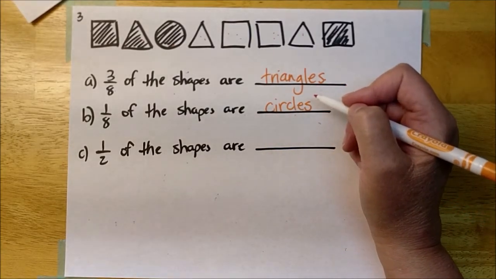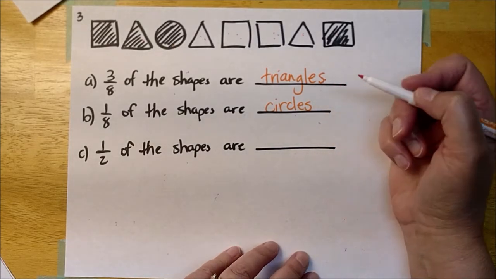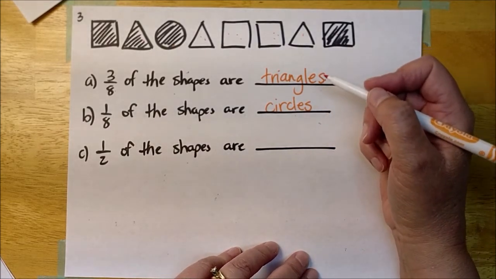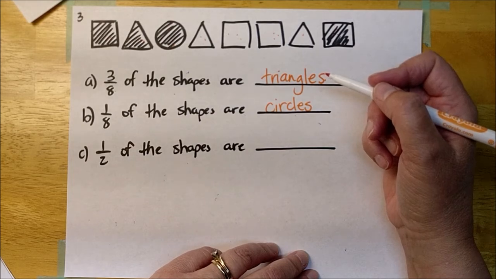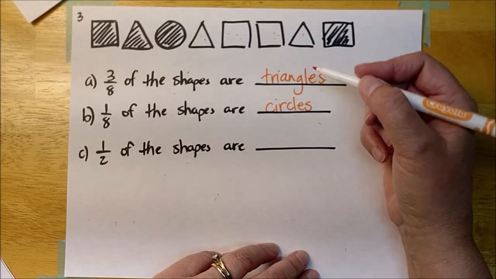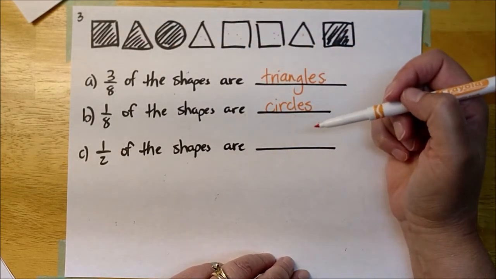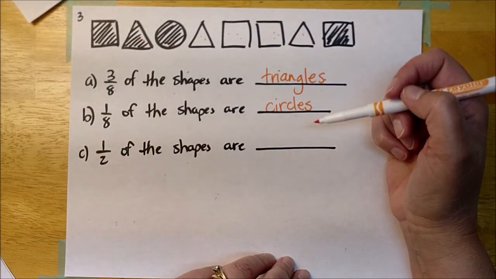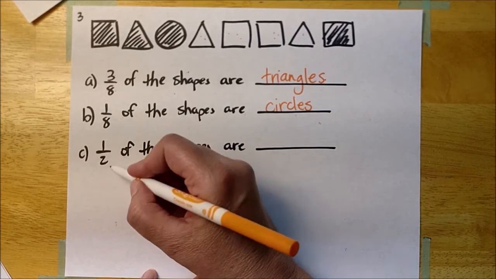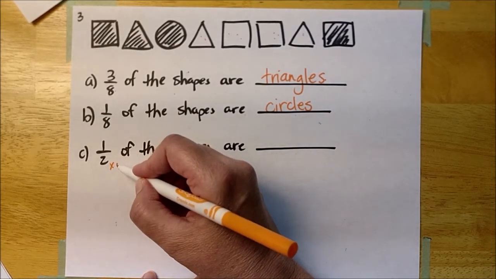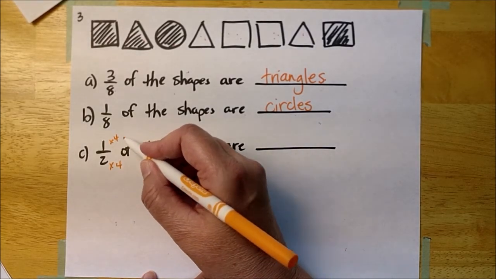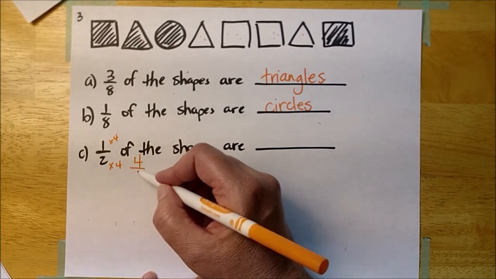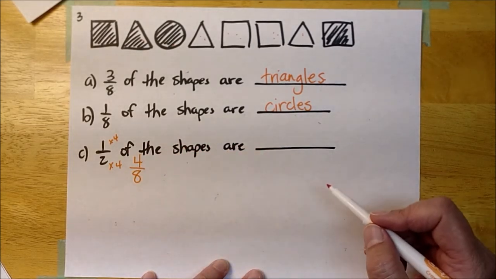And my last question, this is a bonus one, this one's tricky. Half of the shapes are what? So I have 8 shapes, but half of them are what? I know that for half, if I multiply this by 4 and I multiply that by 4, an equivalent fraction is 4/8.